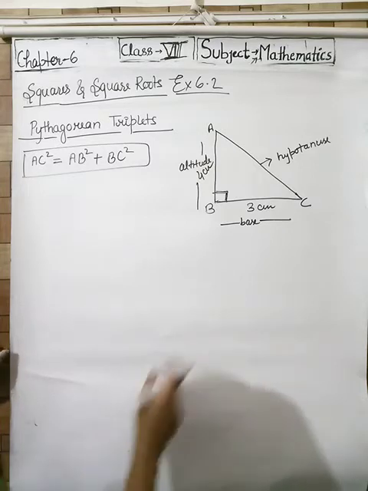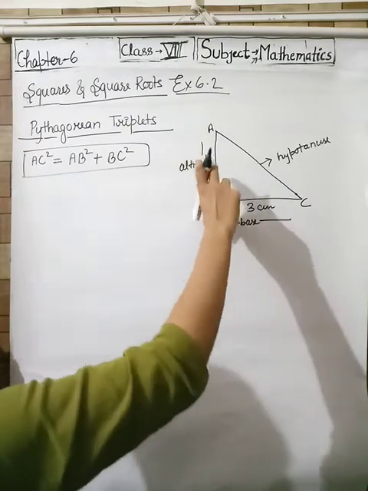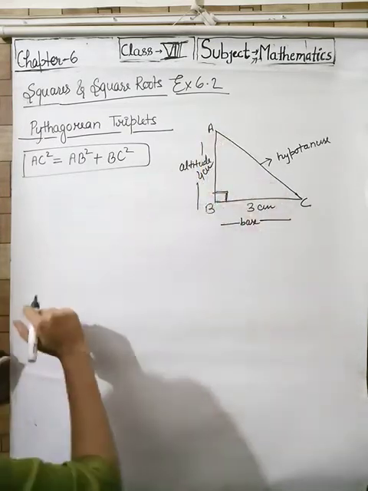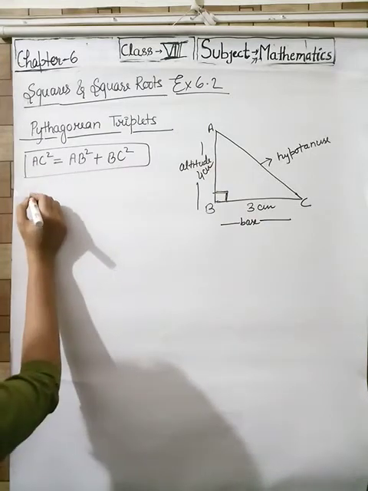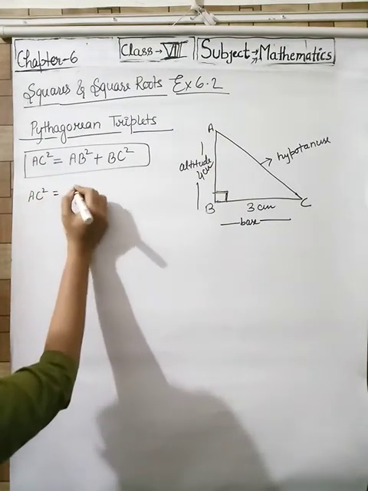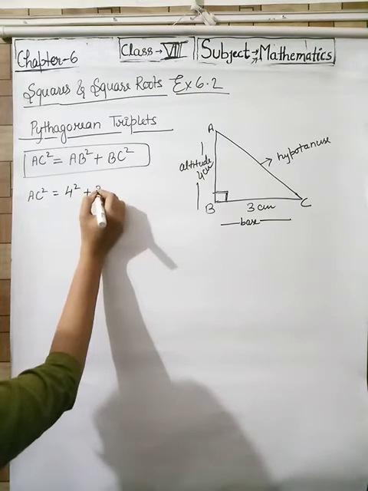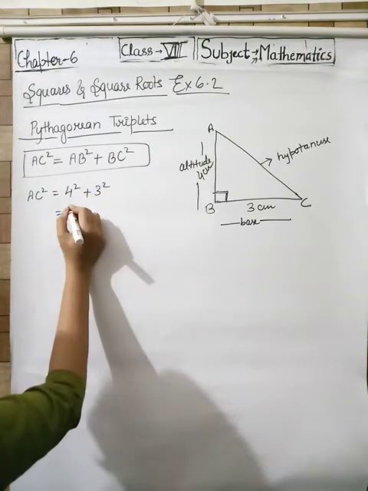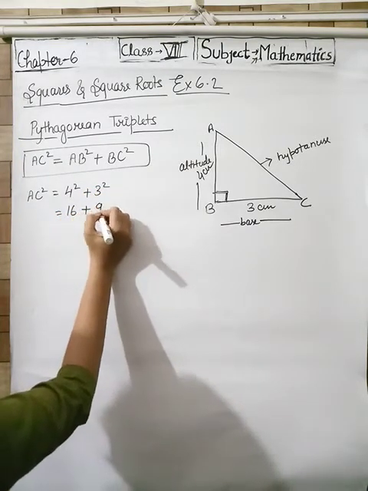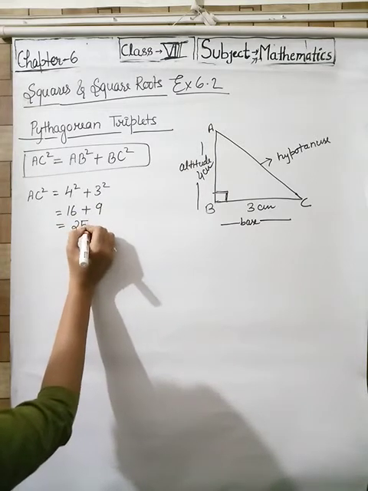Understand? So if the base is 3 centimeter and the altitude is 4 centimeter, let's find AC. So AC square will be equal to 4 square plus 3 square, which is 16 plus 9, equal to 25.